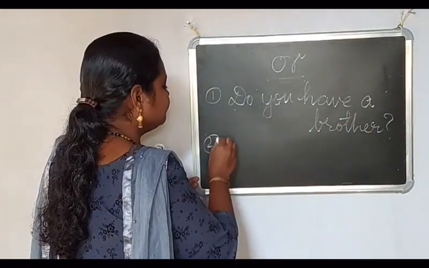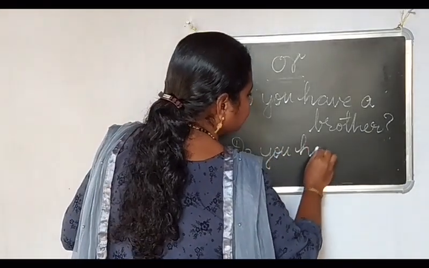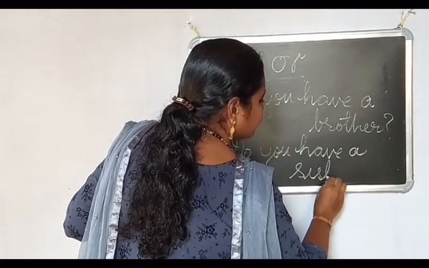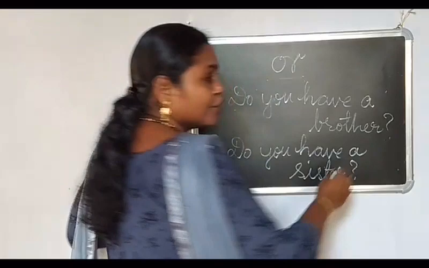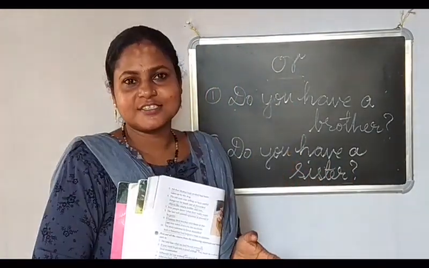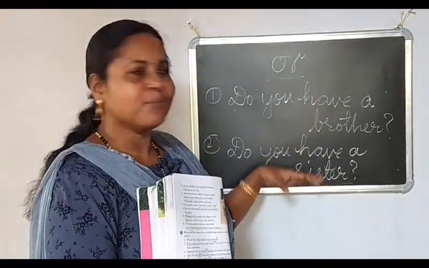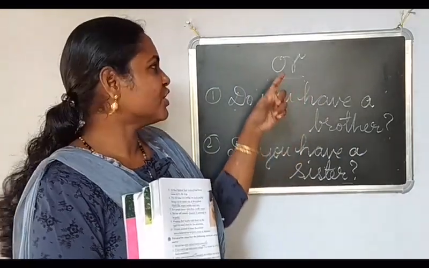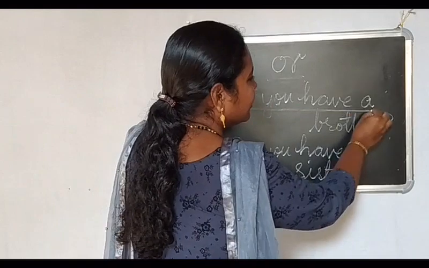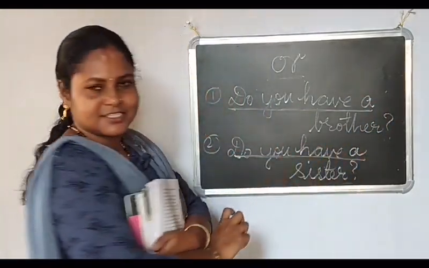And the second one, do you have a sister? There are two sentences having equal importance. Now we are going to connect them both by using the conjunction or. So this do you have till here is common in both these sentences.